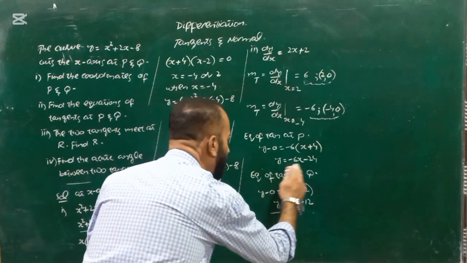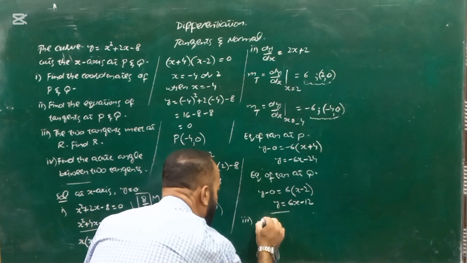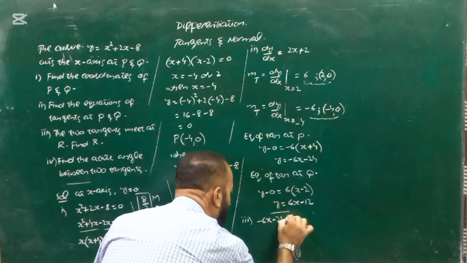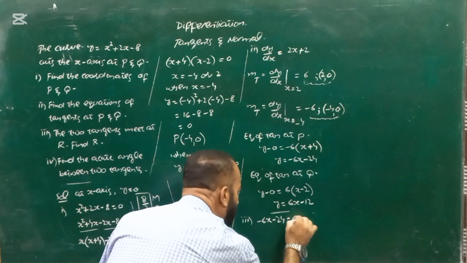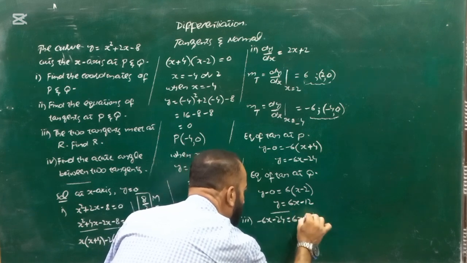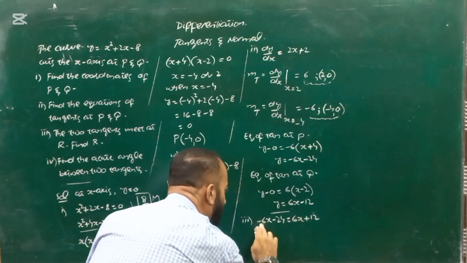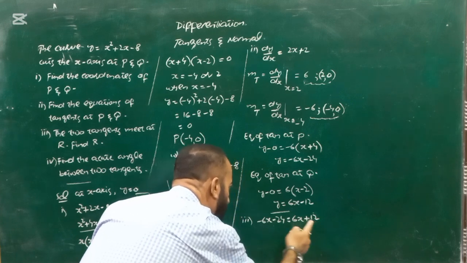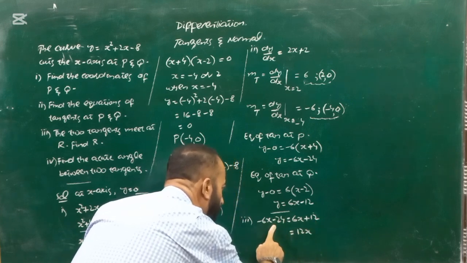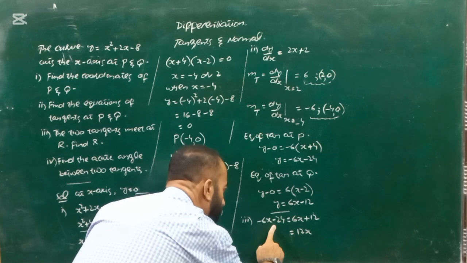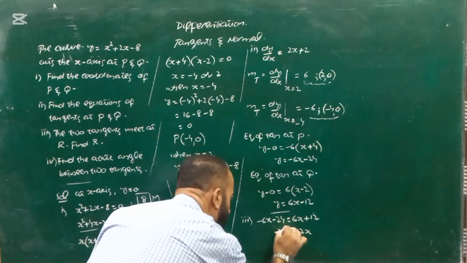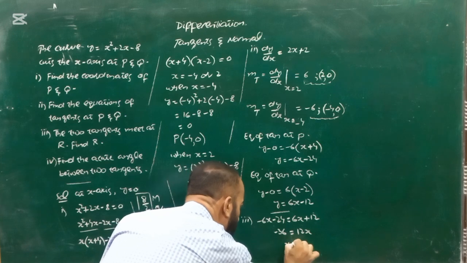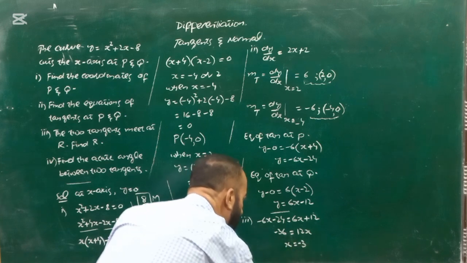So minus 6x minus 24 equals 6x minus 12. This minus 6x will be shifted to the right side, it will become 12x, and this 12 minus will come to the left side, it will become minus 36. 12 will come to the denominator, so x will be minus 3.